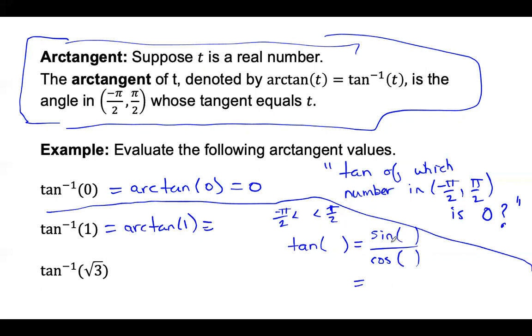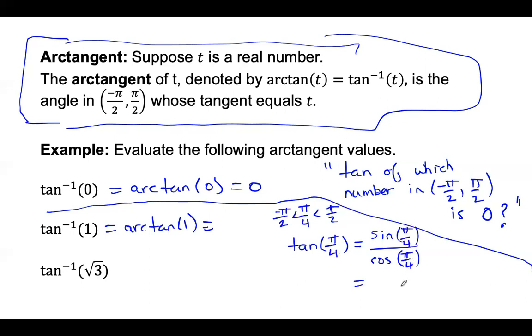So a number where they're both equal in the chart. Anyone? Yes? Yep, pi over 4. Right, so it's pi divided by 4.